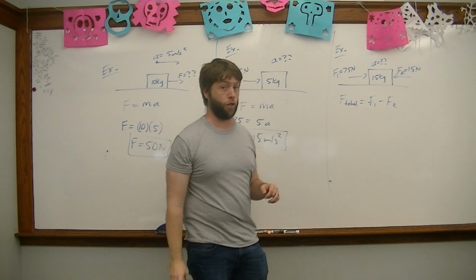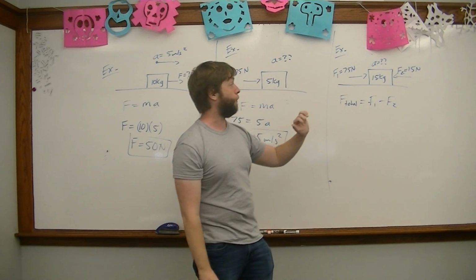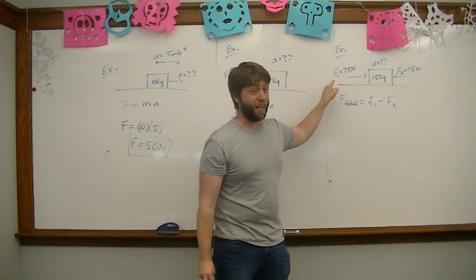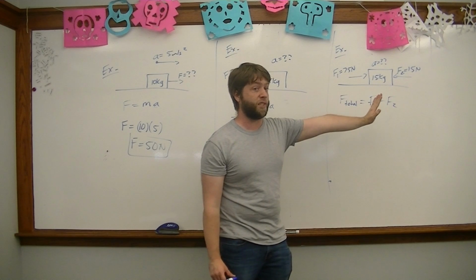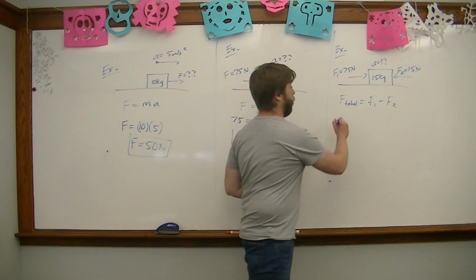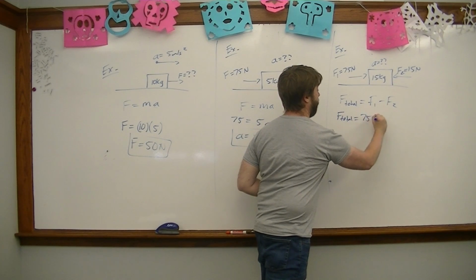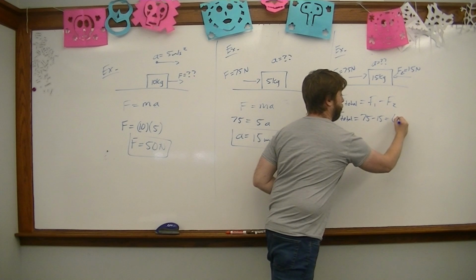So the 75 Newton force is trying to take us to the right. The 15 Newton force is trying to take us to the left. Last time I checked, 75 was bigger than 15. So this thing is going to accelerate to the right. The total force is equal to 75 minus 15. So that's equal to 60 newtons.